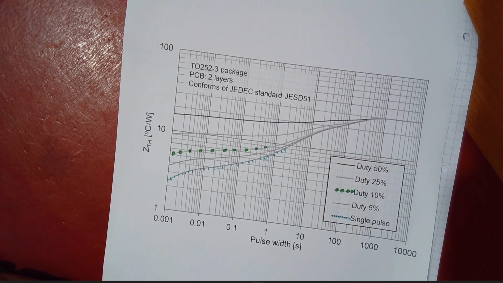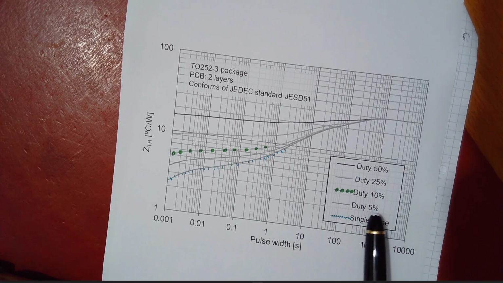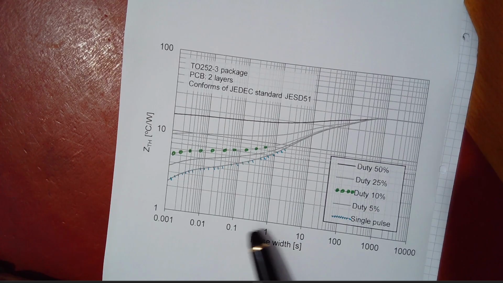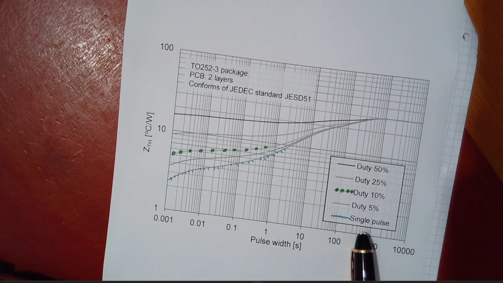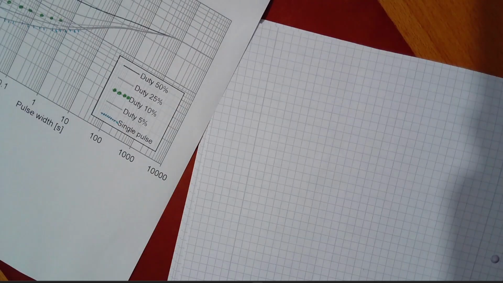Now before I go into the calculations, as you also can see, there are different duty ratios. For the first example, I will consider a single pulse of power. That means let's switch back to the paper.